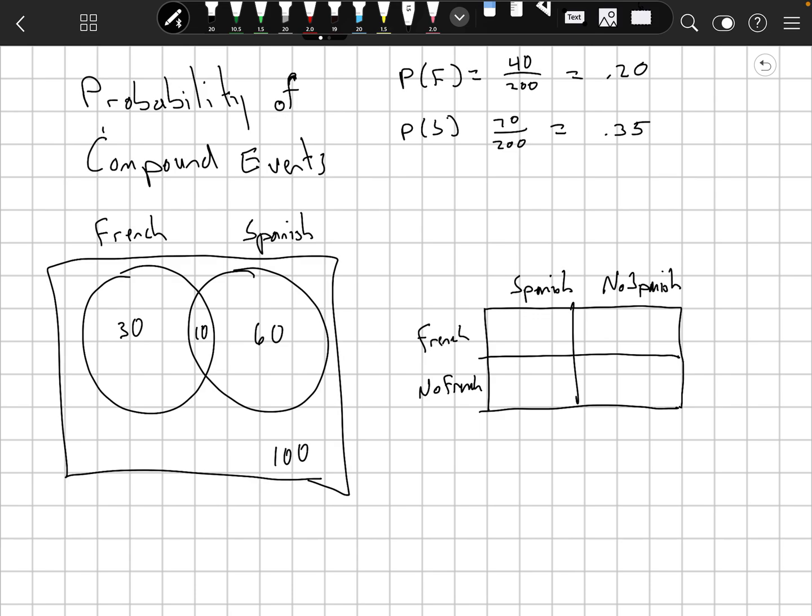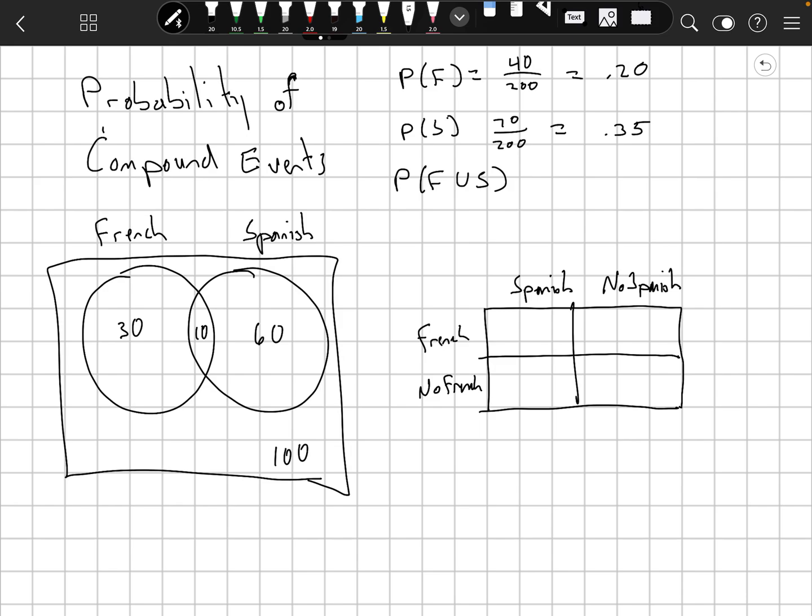Okay, so now the question is, what's the probability that if you picked someone at random, they'd belong to either the French club or the Spanish club? So I'm going to write it like this: probability of French union Spanish. That U means union, and that's just saying they're in some kind of a foreign language club, either French or Spanish.